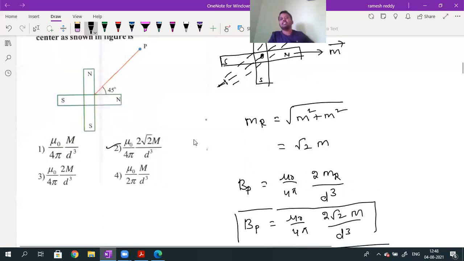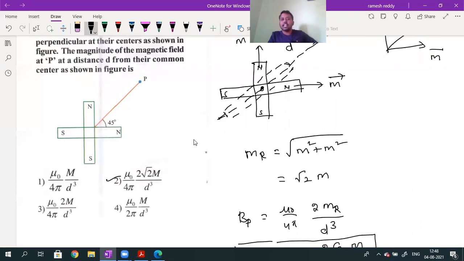The question can be solved in a simple method. First, I calculated the resultant magnetic moment of these two bar magnets. If I consider only magnetic moment, the resultant of these two will be this, with a magnetic moment value root 2 into M. Now point P is lying at a distance D from the common center, on the axial line.